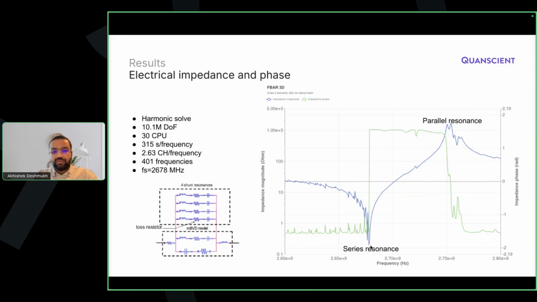You see that series resonance offers the least impedance. On the other hand, parallel offers the highest impedance, and in between these two resonance peaks lies the band where the filter lets the signals pass.